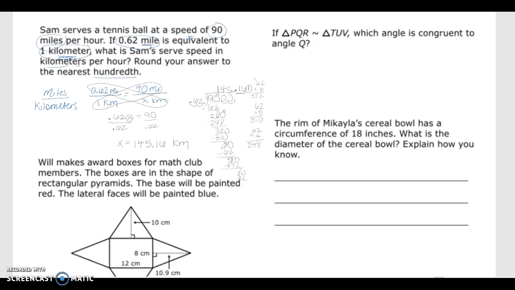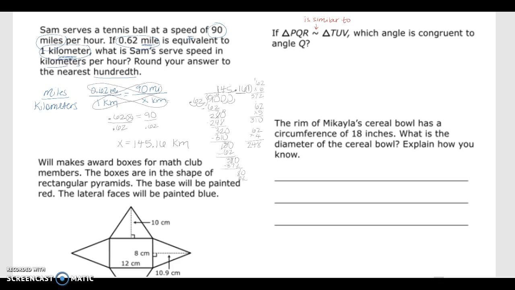All right, so let's go to the right and look at this second problem. This second problem says that triangle PQR is similar, this little squiggle means is similar, to triangle TUV.